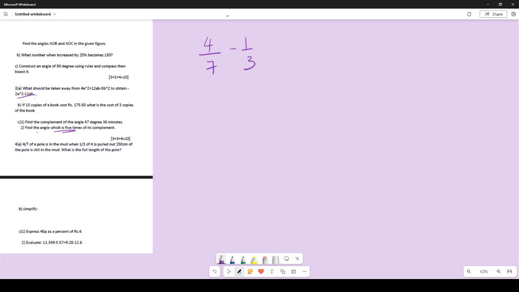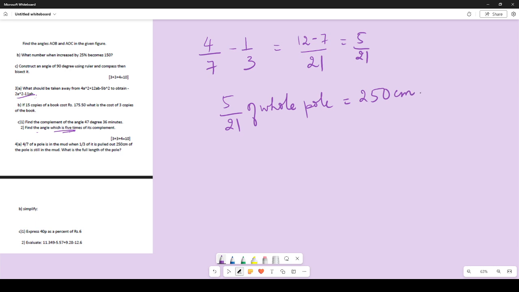So you remove the 1/3 part of it. So what is the part which is left? The part which is left is 5/21 part, still in the mud, and 5/21 of the whole pole is equal to 250 centimeters.